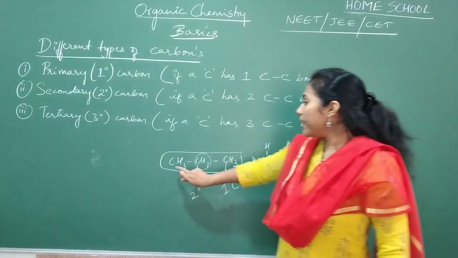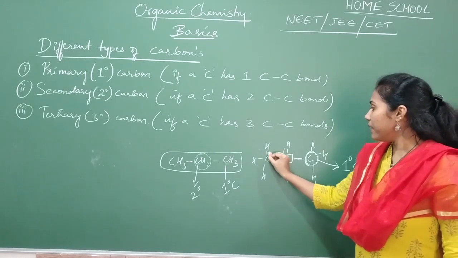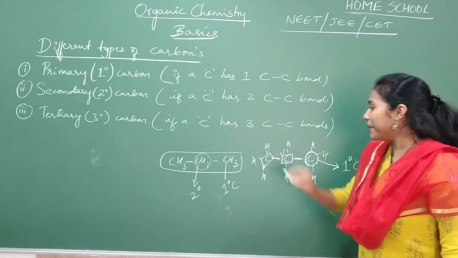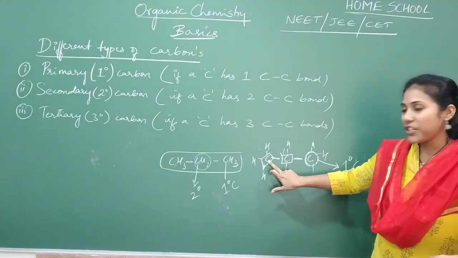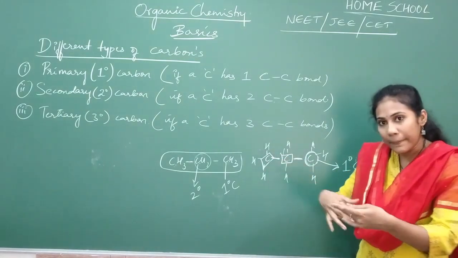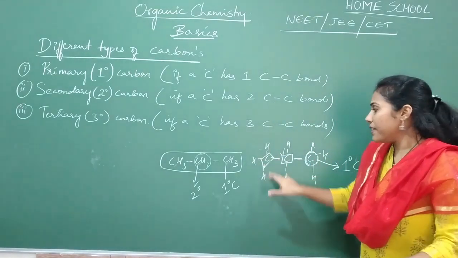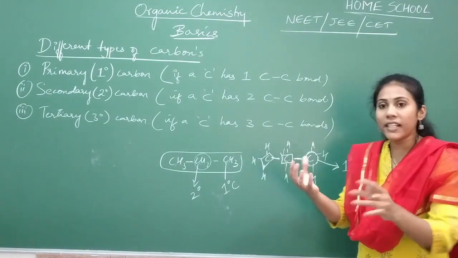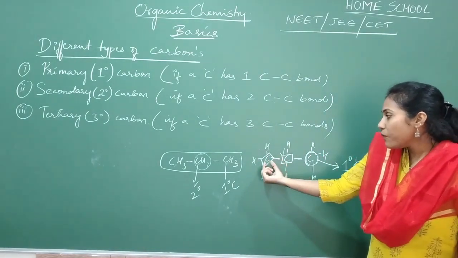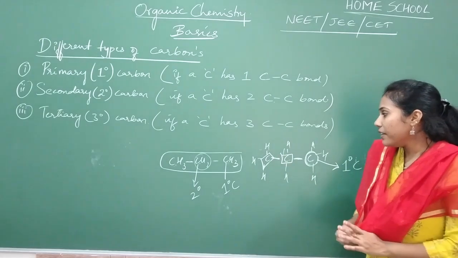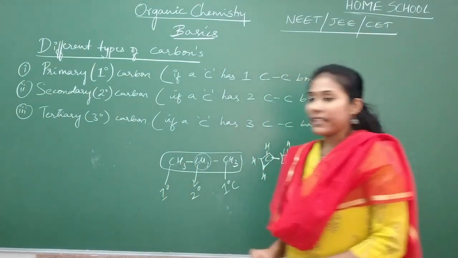And what type of carbon is the one I have put in a diamond mark, primary or secondary? Just observe the number of C-C bonds around it. 3 bonds are with hydrogen, and I don't want these bonds. I want only carbon-carbon bonds. Only 1, so definitely this particular carbon is also primary.